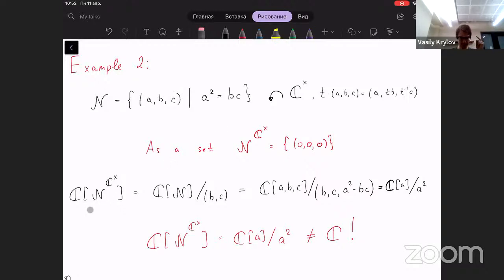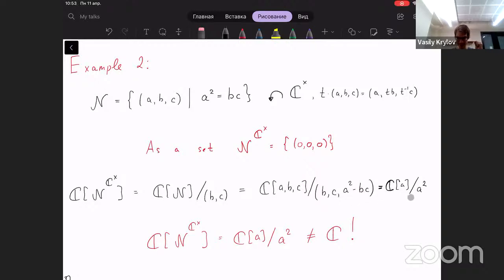But what about this definition? Our definition of schematic fixed points tells us that functions on this space should be functions on N modded out by B and C. These are 2 generators which have non-zero degree. And so we get C of A, B, C and mod them out by B, C and A squared minus BC. Then B and C cancel out, and they cancel out A squared.